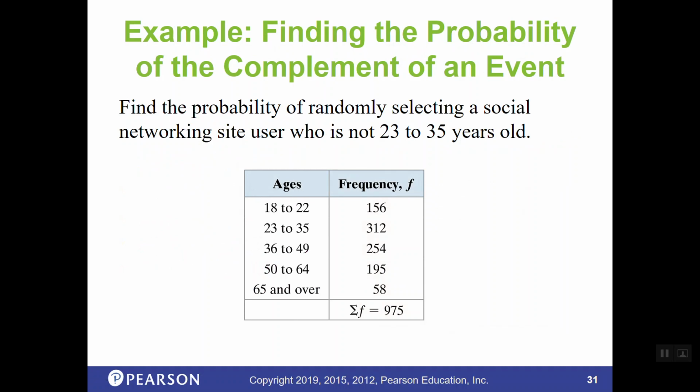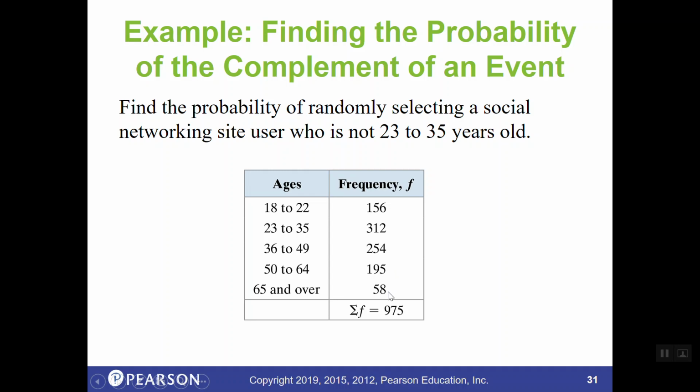Find the probability of randomly selecting a social networking site user who is not 23 to 35 years old. So basically it is everything that is not this 312. So it can be 156, it can be 254, it can be 195 or 58.